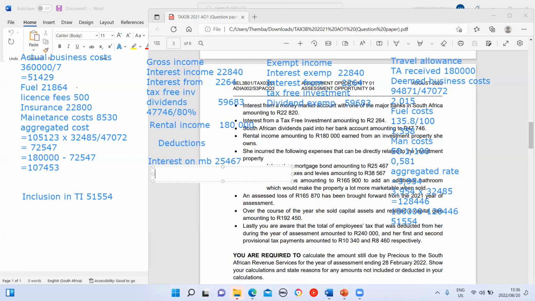You'll have to include the amount of 38,567 here, as it is in the production of income.